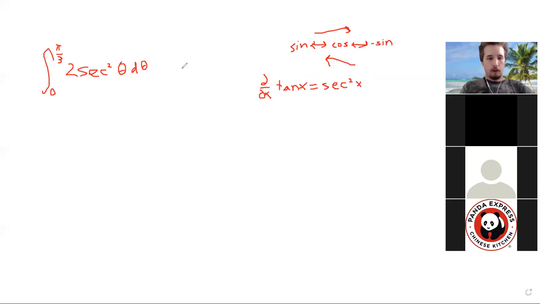Okay, so from here, by rules of integrals, we can take the 2 outside because it's just a constant. And we're left with just secant squared.